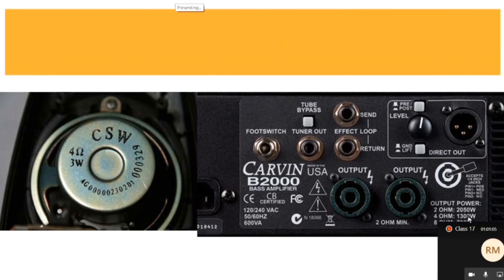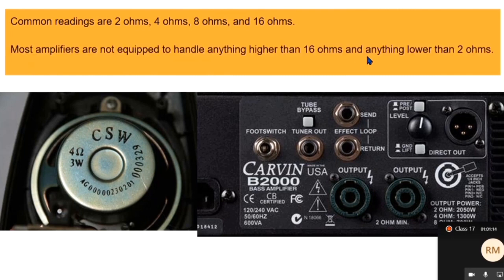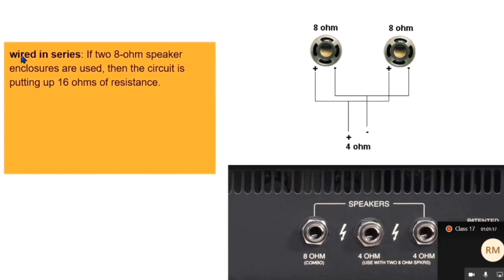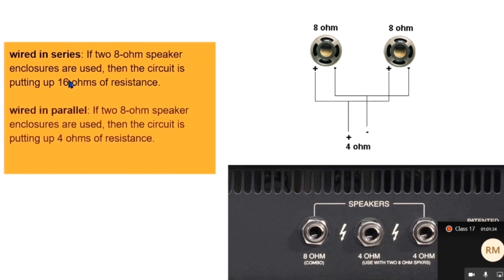Here's how it works. If you have two 8-ohm speakers and you have your circuit wired in series, it doubles the impedance. So each one of these is 8. 8 times 2 is 16. So that means that you have 16 ohms of resistance in a series circuit with two 8-ohm speakers. If, on the other hand, you have those same two 8-ohm speakers wired in parallel, then the impedance goes down by half.